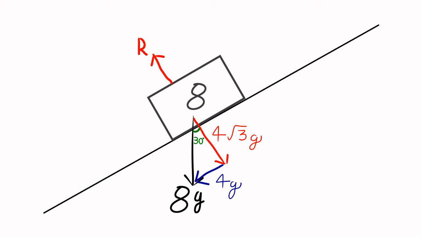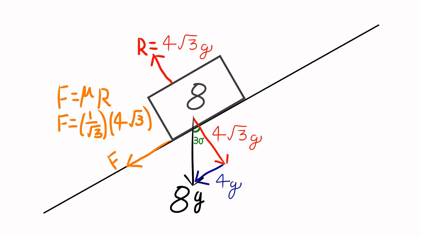And now we know that the restorative force, the one that's pushing off the ramp back, keeping the 8 kilograms from moving, is the same as the force perpendicular, which is 4 root 3 g. And then the friction is mu times R. From the question, we know that mu is 1 over root 3, so that multiplied by 4 root 3 is going to be 4g.